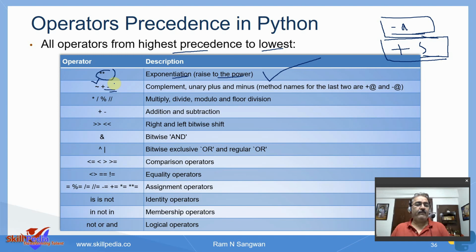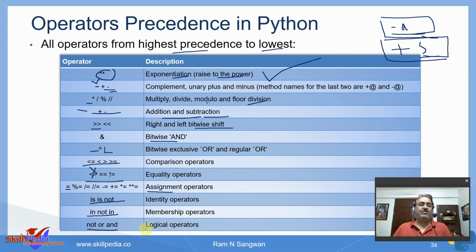Then plus minus, that is addition and subtraction. Of course, in between we have multiply, divide, modulo and floor division, then plus and minus, then right and left shift bitwise operators, then bitwise and, then bitwise exclusive or and regular or, then we have comparison operators, then we have equality operators, then assignment operators, then is, is not, and, not, or, and.